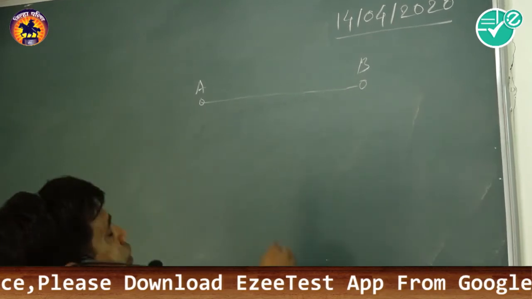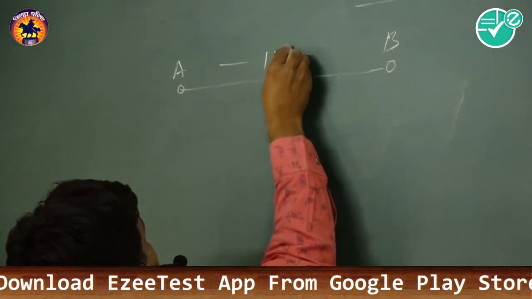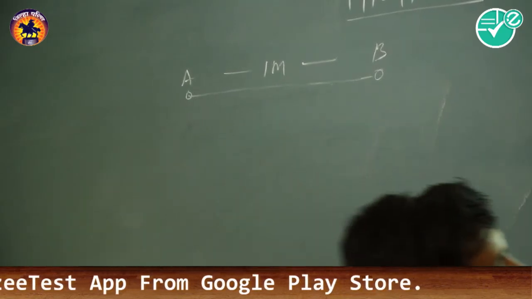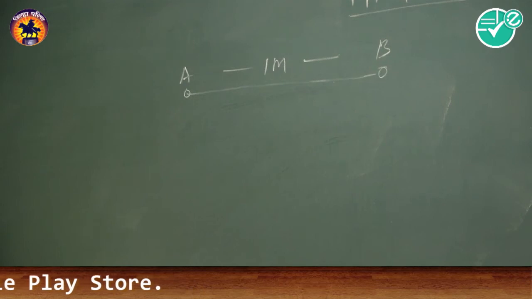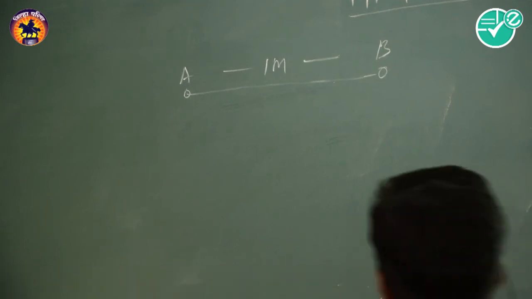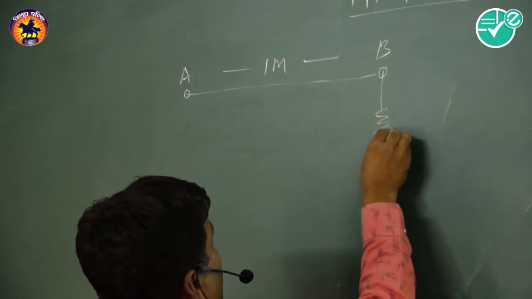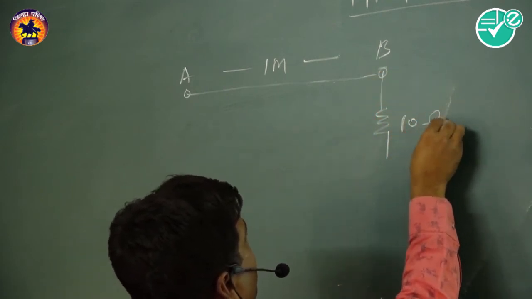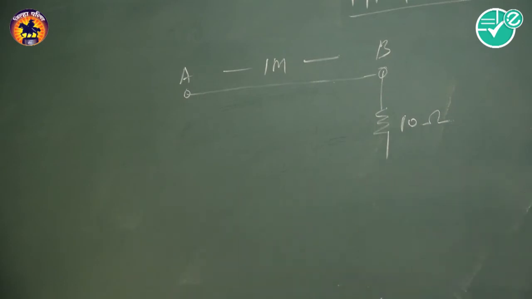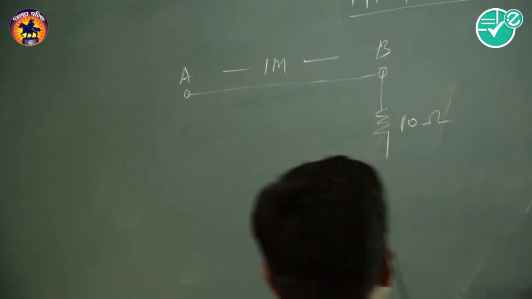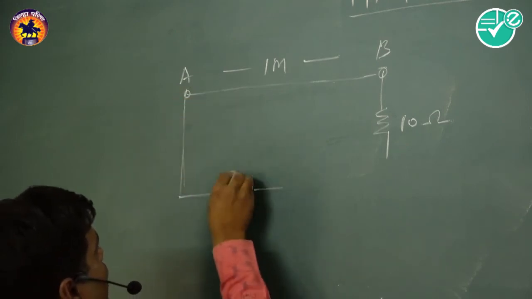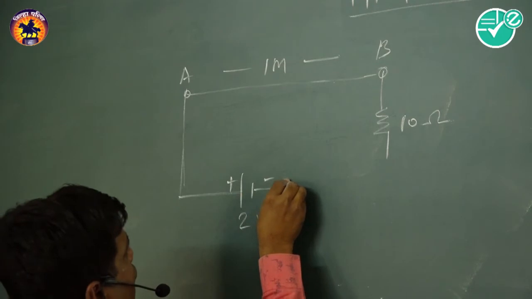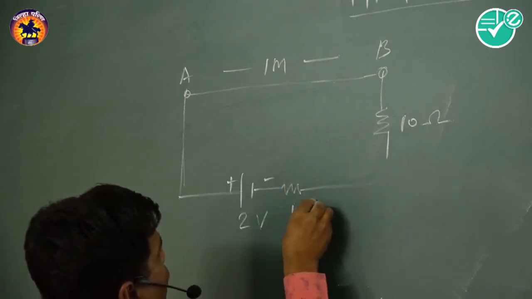After that, a resistance of 10 ohm is connected in series with this potentiometer wire of length 1 meter. Also, a cell of EMF 2 volt is connected, having an internal resistance of 1 ohm.